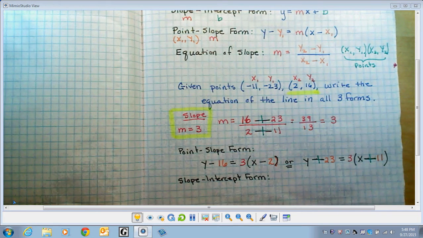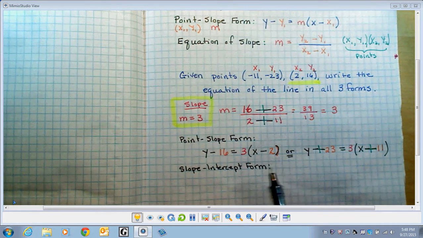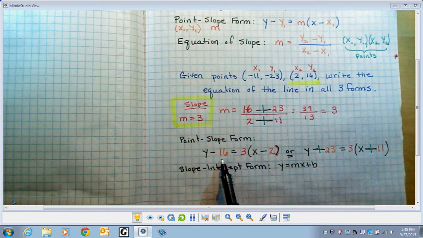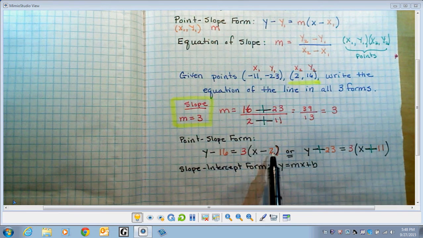Okay. So that needs to look like y equals mx plus b. Well, we don't have the y by itself, and we have our x in the parentheses, grouped together.